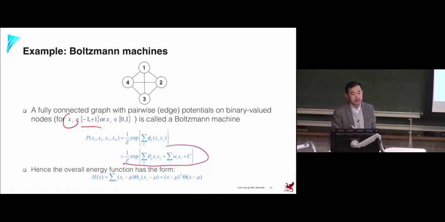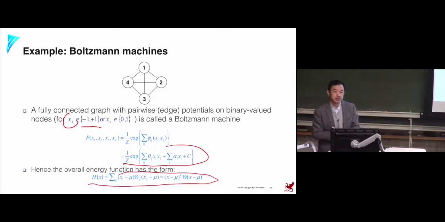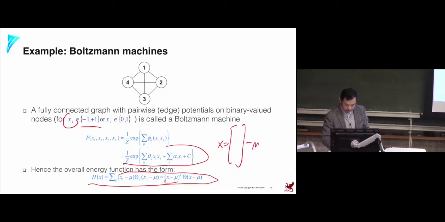And you could arrange the form to be a little bit cleaner by converting them into this linear algebraic expression. Okay, here you have a vector of x, a vector like this, minus a mu. Okay, and theta is the matrix of little thetas.